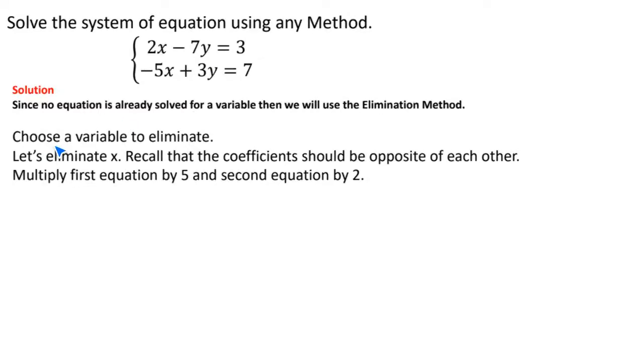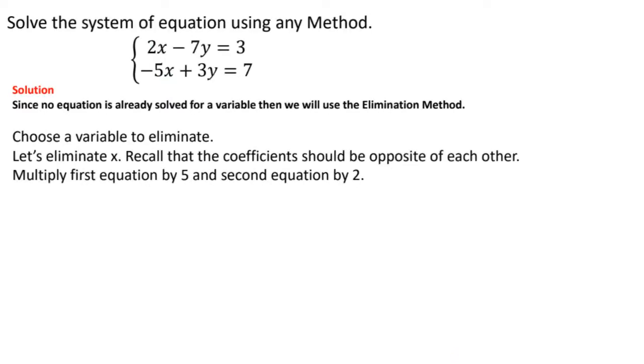Okay. So let's choose a variable to eliminate, and we're going to cancel the x's. And so remember that in order to cancel the x's, the numbers in front, the coefficients, must be opposites of each other. And so this one should be a positive 5, or this one should be a negative 2.